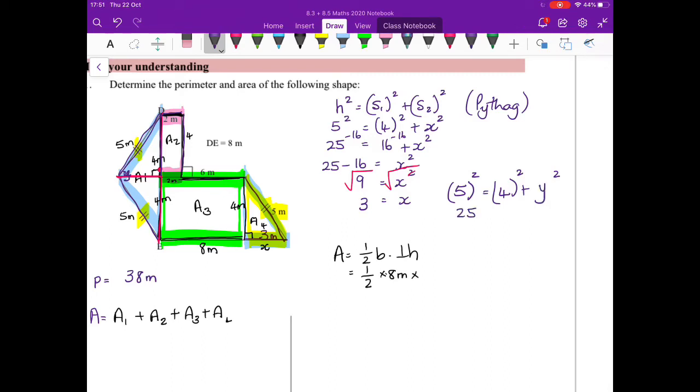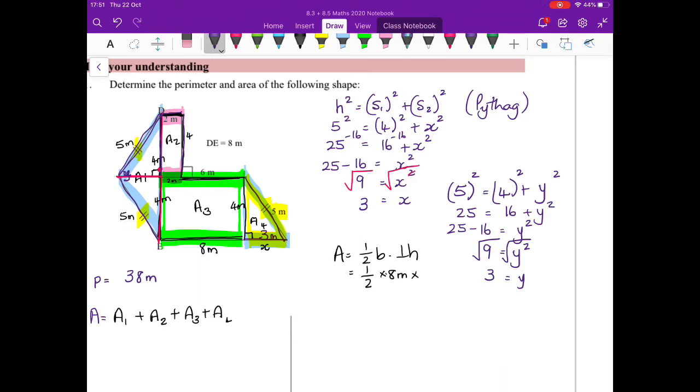5 squared is 25 equals 4 squared is 16 plus y squared. Subtract 16 both sides. 25 minus 16 is 9 equals y squared. Square root both sides, and that will give you y equals 3.